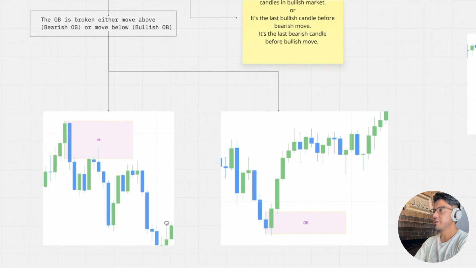So it is the last bullish candle before the bearish move, or the last bearish candle before the bullish move. This is candle number one, which was the last bearish candle, and this is candle number two. So it is breaking this order block. You know what I mean?